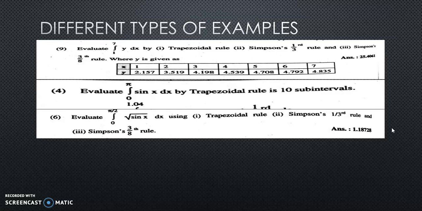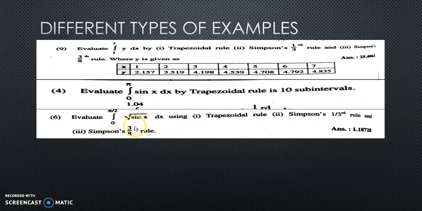Okay, let us see what is given here. n is not mentioned, nothing is mentioned, only the formulas are mentioned, and the limits are given. So a is 0, b is pi by 2, and the function is given. That means n is not mentioned, and even h is not mentioned. So what we do is, we assume n to be equal to 6. Using that and using the values of a and b, we can calculate h.